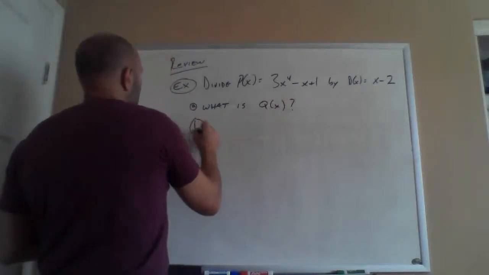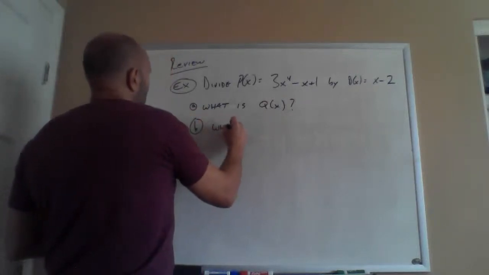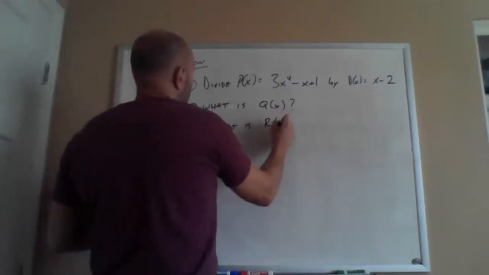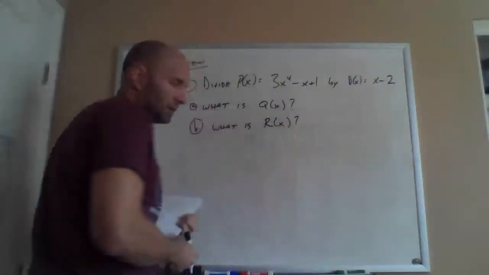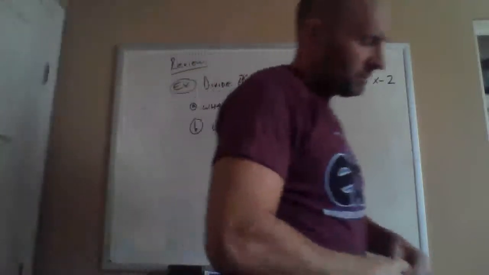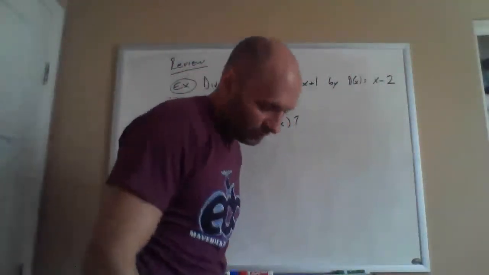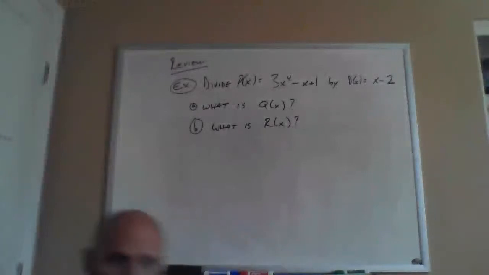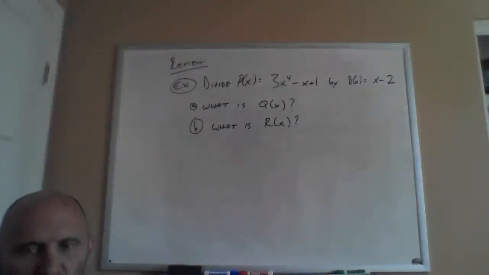And part B says, what is r of x? So go ahead and try that one. Do the division. You can do long division or synthetic if synthetic will work. If synthetic doesn't work, or if you don't like synthetic, use long division. Then once you have your answer, what's q of x and what's r of x?